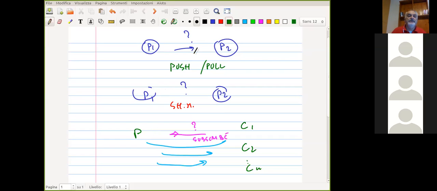P generates, for example, data of two types, T1 and T2.